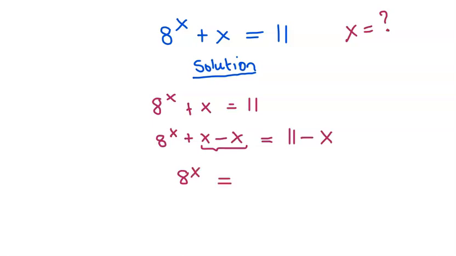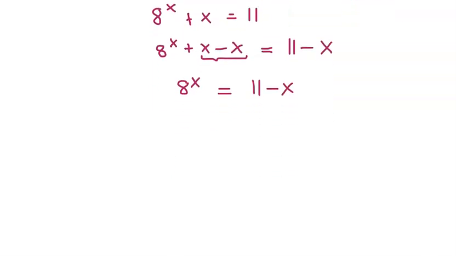So this is equal to 11 minus x. Now, in our next step, let us make the right hand side the left hand side and the left hand side the right hand side. So this equation can also be rewritten as 11 minus x is equal to 8 to the power of x.